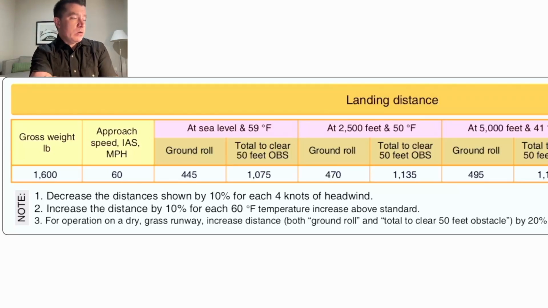And then increase the distance by 10% for each 60 degrees Fahrenheit increase above standard. So if it's above standard, increase it by 10% for each 60 degrees.